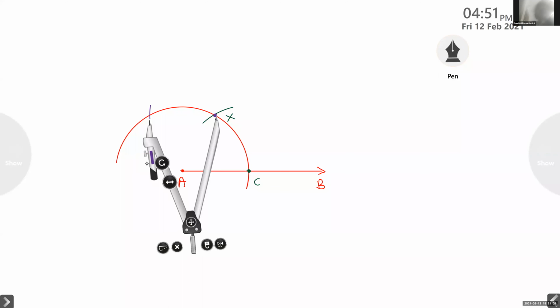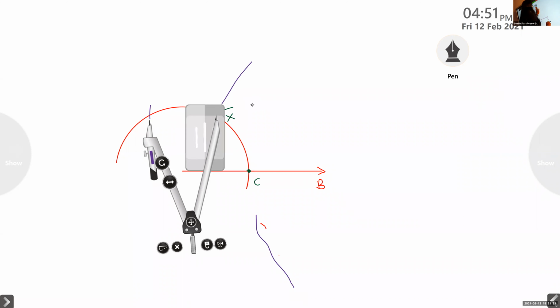That arc, when it touches the semicircle, that point is X. When you join A and X, you will get 60 degree.